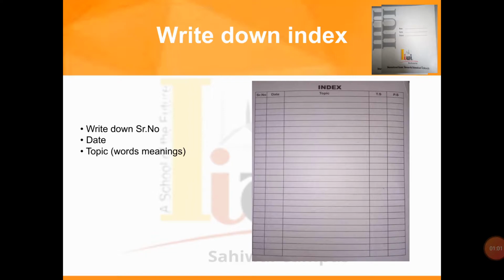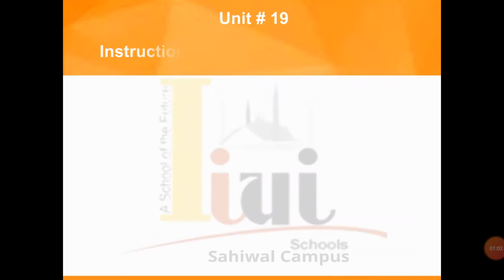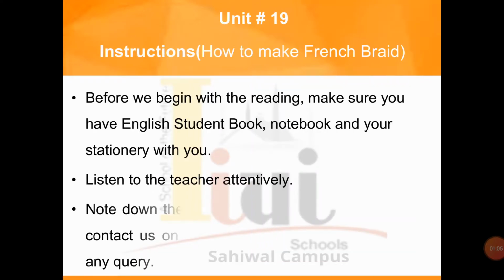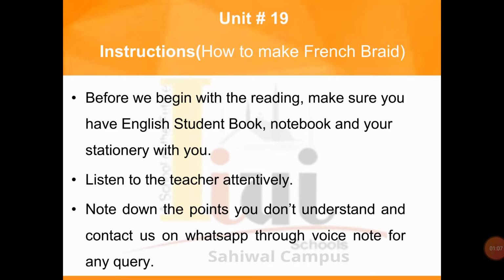Okay, dear grade 6 students, you already know that you must have your English students book, your classwork notebook and your complete stationery with you. You should have your blue ink pen and blue marker, and you should have your lead pencil and your eraser and sharpener with you.